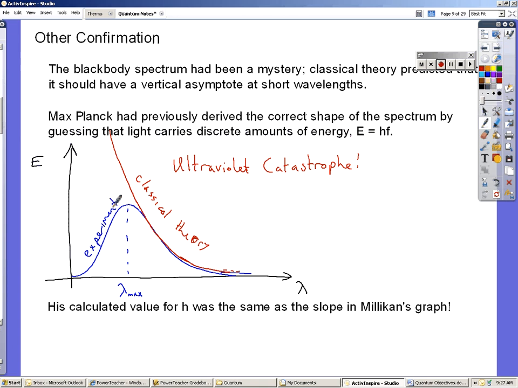But then around 1880 or so, German physicist Max Planck came up with an idea that would explain the experimental results. He said, if light carries energy in discrete amounts, and that the amount is proportional to the frequency, we can explain the shape of the blackbody spectrum.